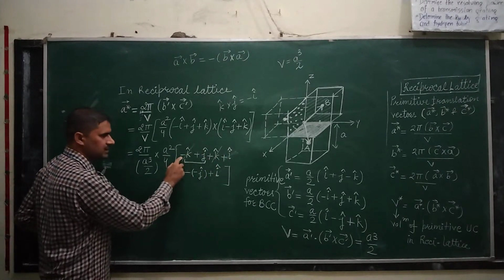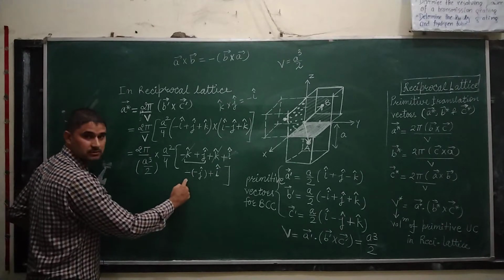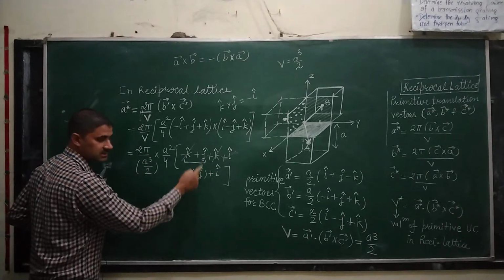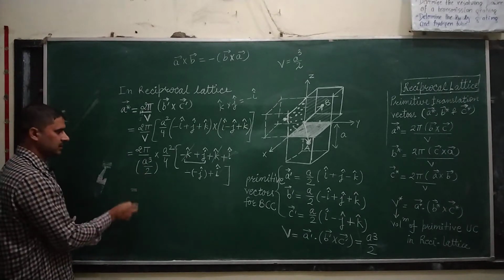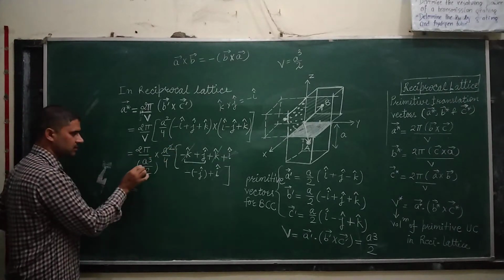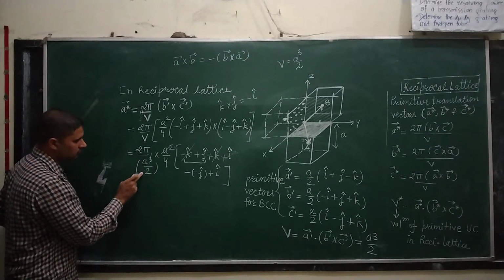So you will see k will cancel, and here you have 2i and plus plus minus minus plus j plus j, 2j. Now see what is getting cancelled here, A square and A cube, so the power will cancel here, and here you have 2.